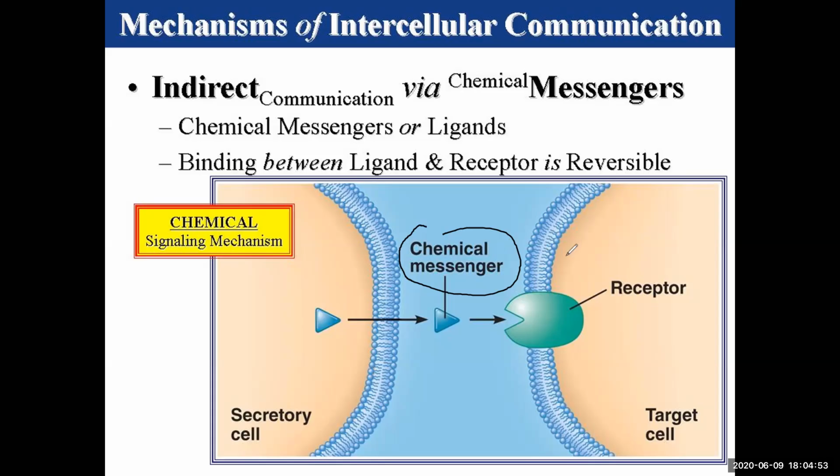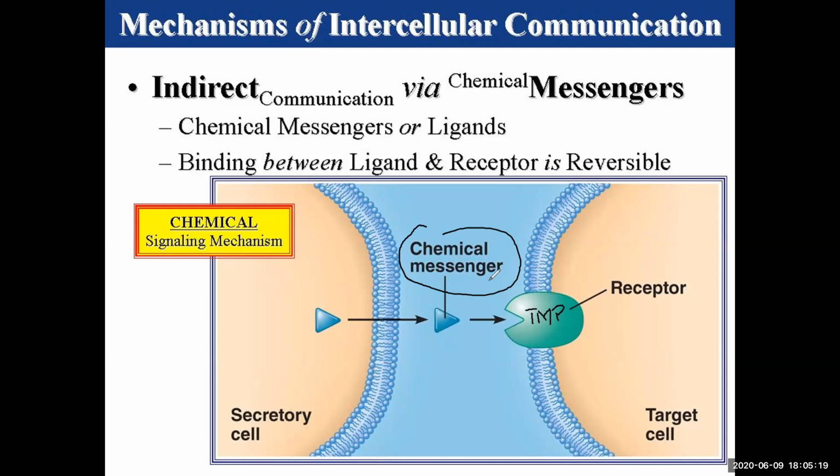So they would need a receptor that would be located at the cell membrane, as shown here, right? So this receptor is actually a transmembrane protein.